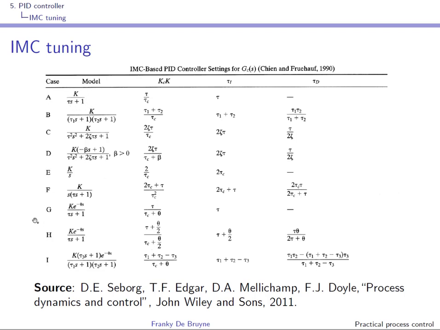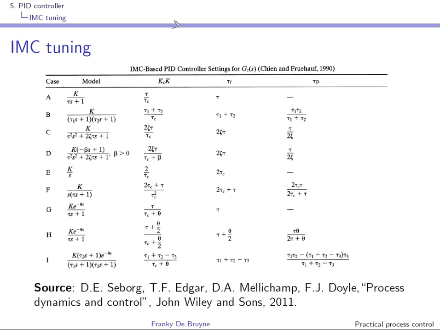For other systems, for instance first order with delay, you have tuning rules that lead to a PI algorithm or to a PID algorithm. The notations are of course slightly different than the ones that we had considered.